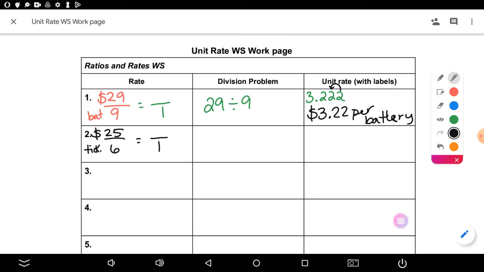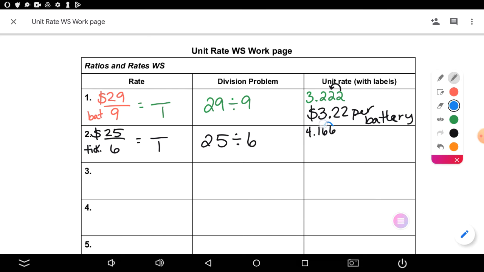So what math problem would I have to type into my calculator here? 25 divided by 6. Sadie, tell me what you get when you divide that out. 4.16666. Okay, how many of those do I need to write down? Only 3 decimal places, so 4.166.